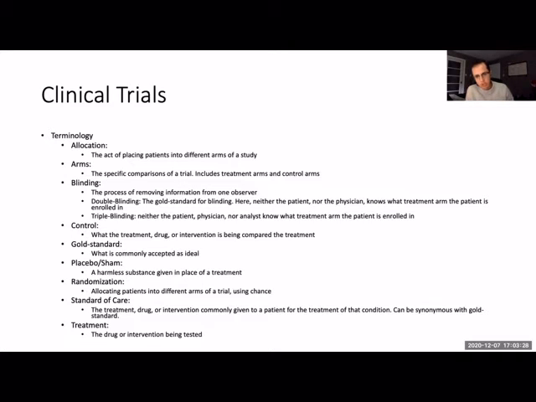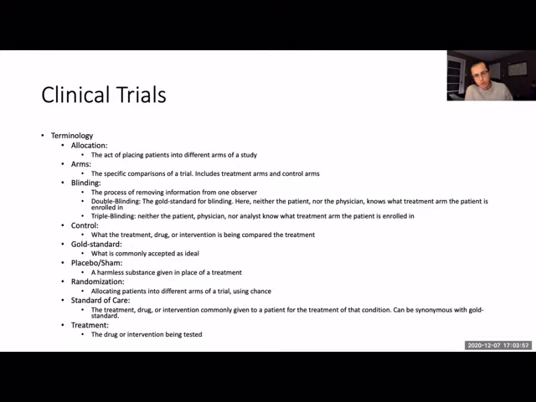Now, placebos and shams may be used for phase 3 clinical trials, but they're not used for phase 1 and 2. Also note that the placebo is still given because a placebo can still affect how the drug is responding. So what do I mean by that? The simple act of administering something to a patient can in itself make the patient perhaps feel that something has been different with them.